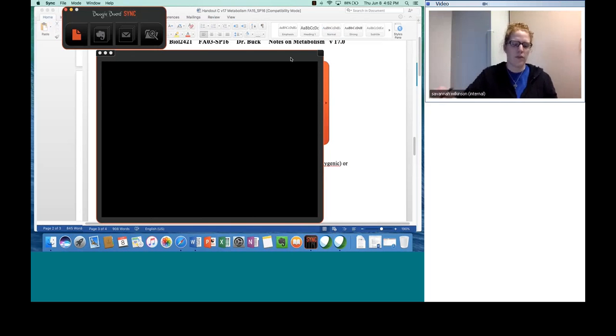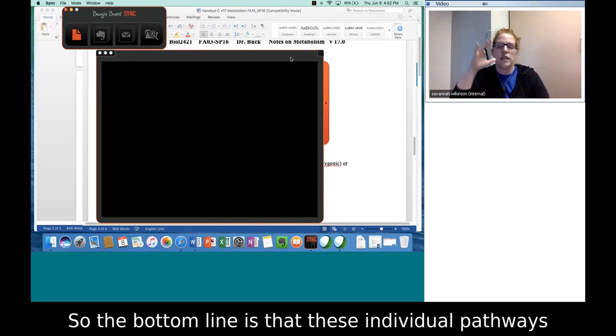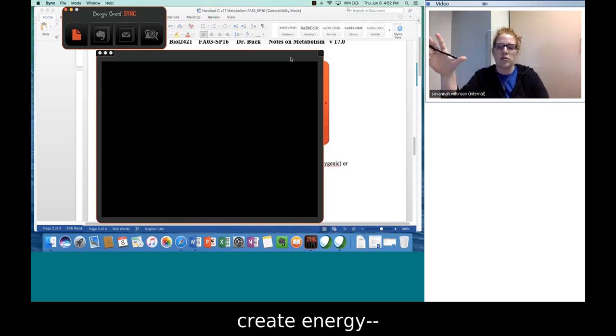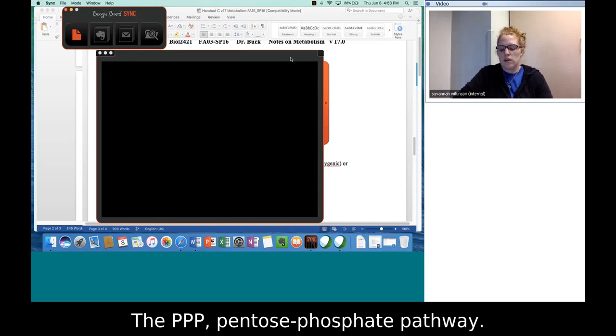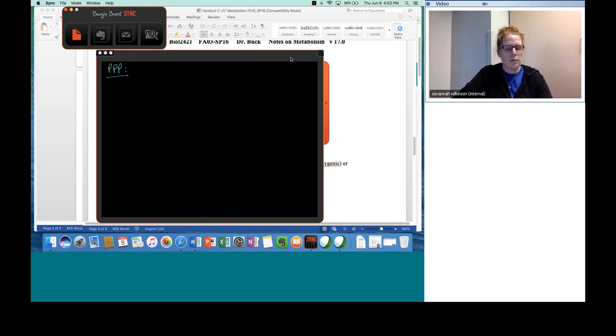Okay. Alright. So the bottom line is that these individual pathways create energy. Okay. It's like the big open picture. The PPP, pentose phosphate pathway.